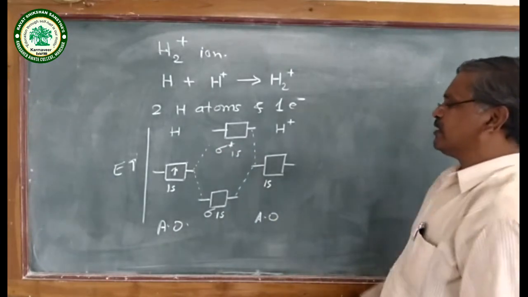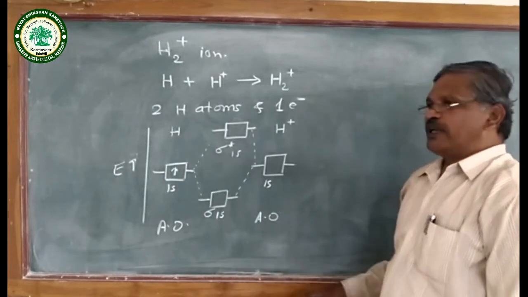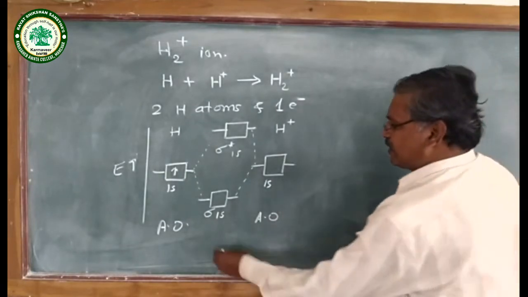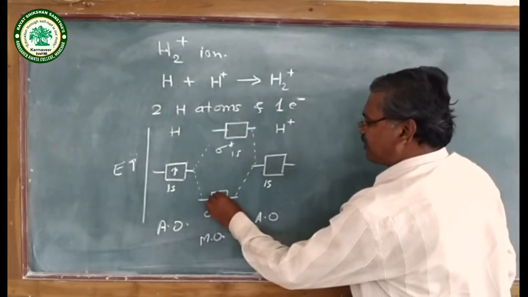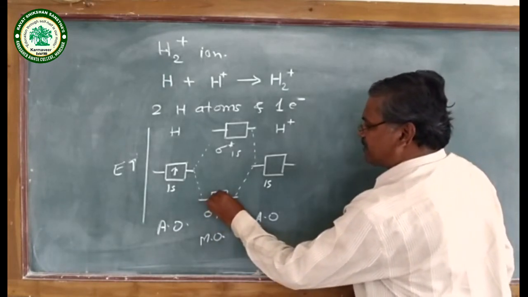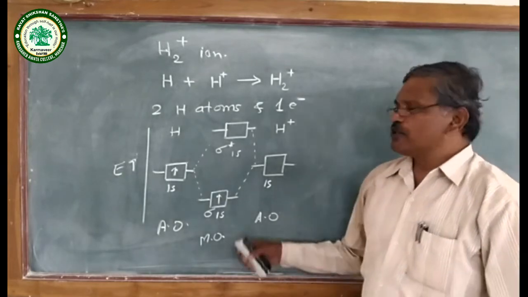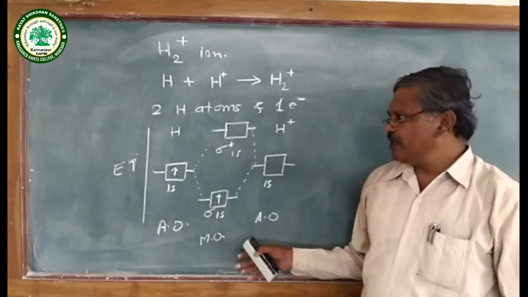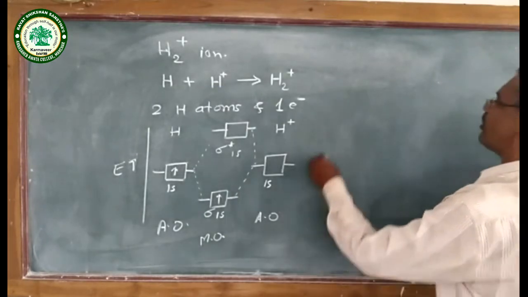Now since H2 plus ion consists of only one electron, we can fill up the electrons in these molecular orbitals by using the above principle, and this electron occupies the sigma 1s bonding molecular orbital. So by making use of this MO energy level diagram, we can write down its electron configuration.